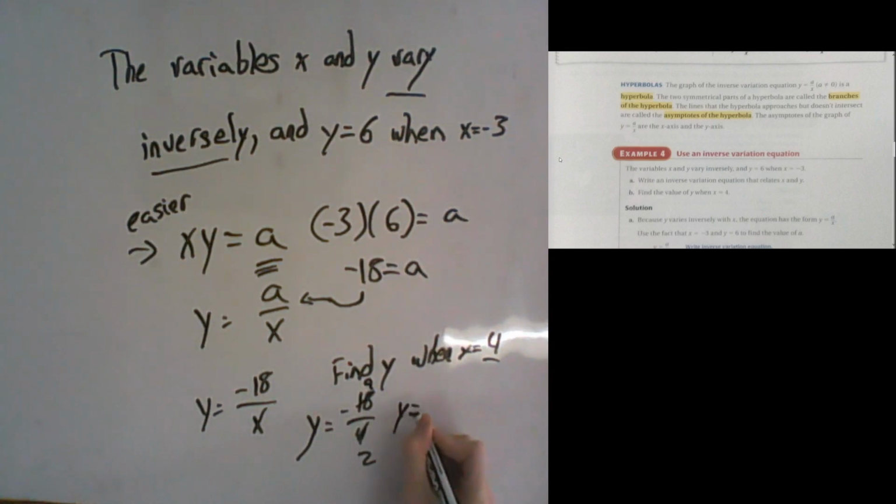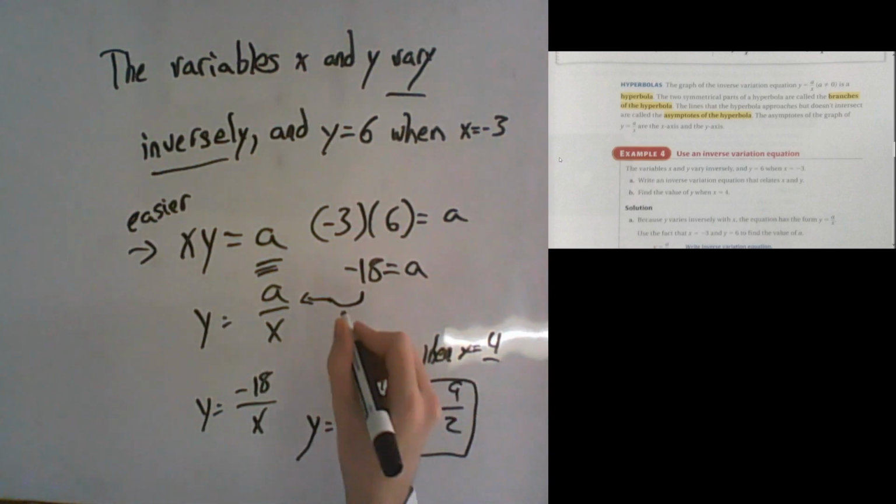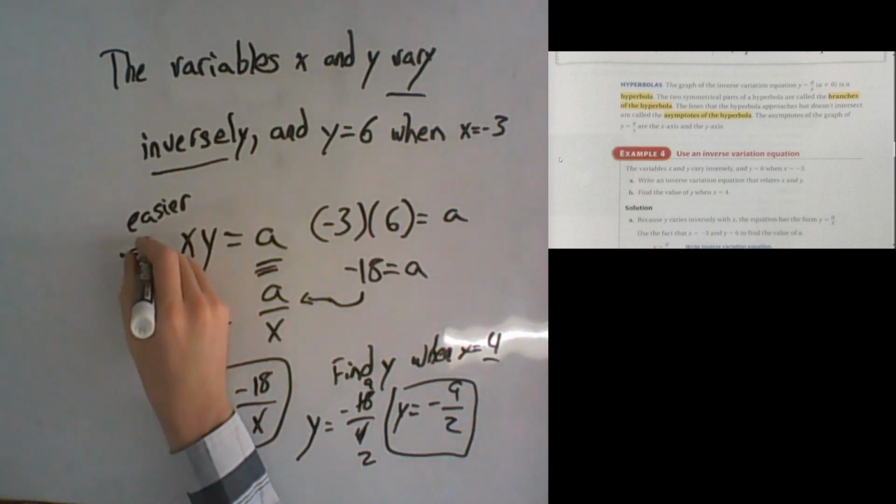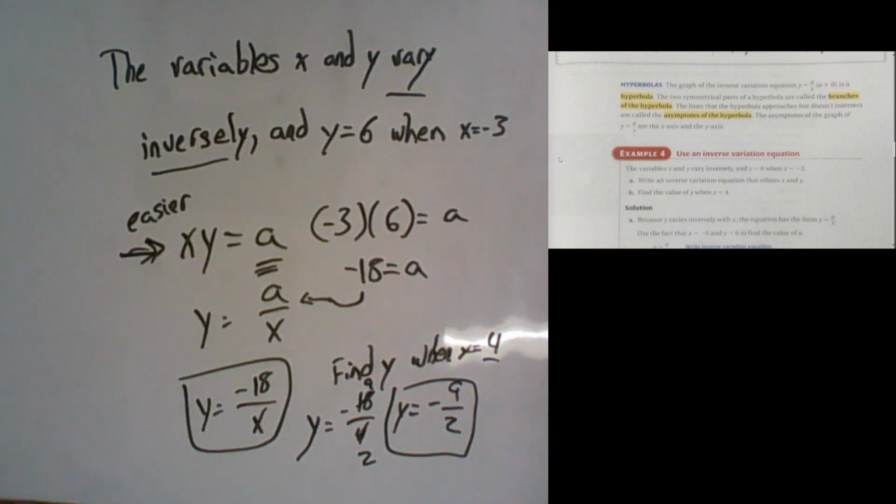So y equals -9 over 2. And there you go. That's your two answers. So your two answers are here and here. Okay? That's all you have to do. So it's easier to start with x times y equal some number a, and then solve it.